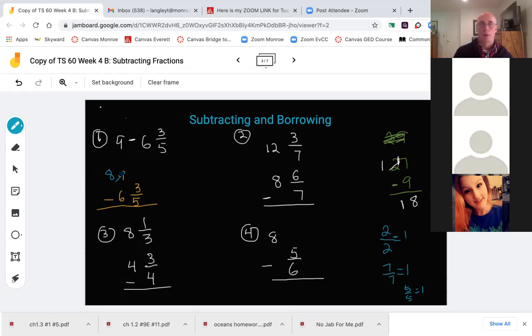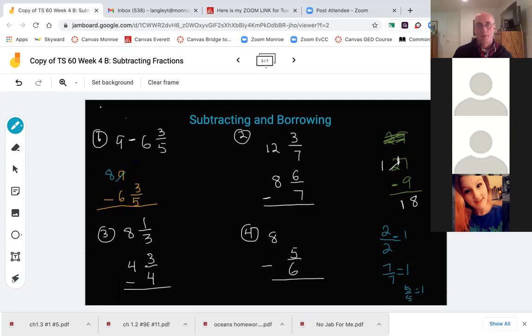Now, let's see what I do with that over here. I crossed out my 9. I made it an 8. I'm going to bring over a version of 1. Pause in here. A version of 1 that would allow me to have the same denominator. What would you pick?